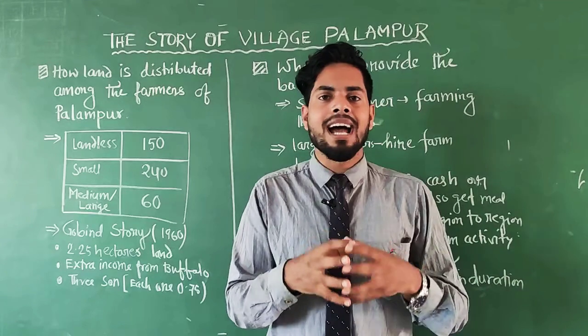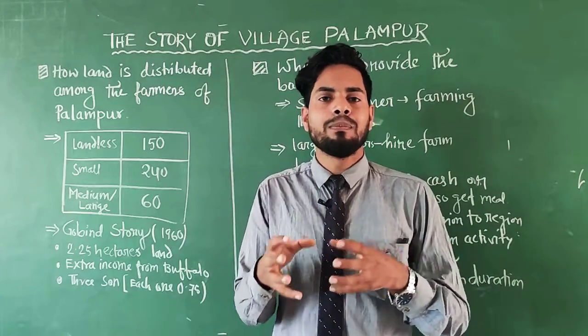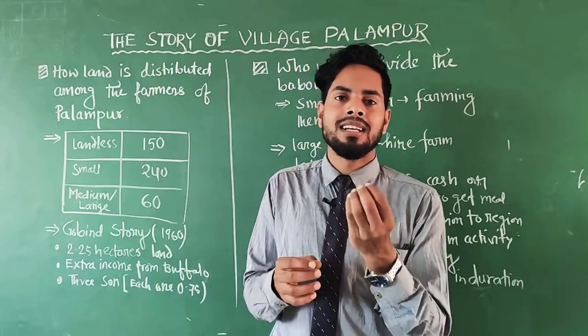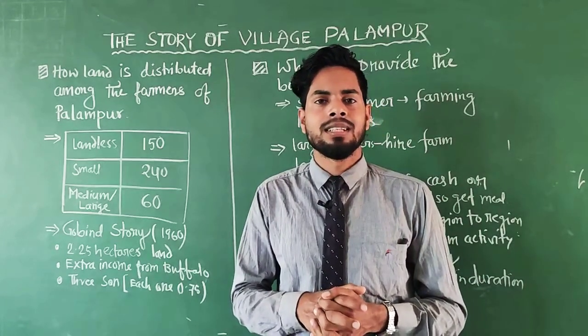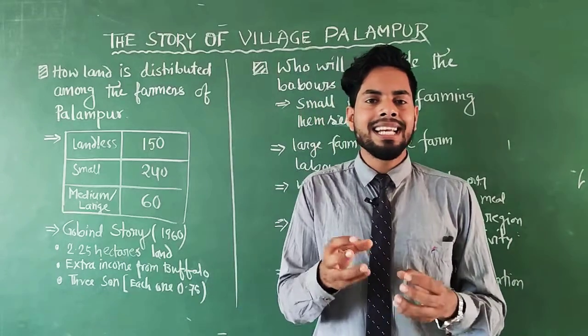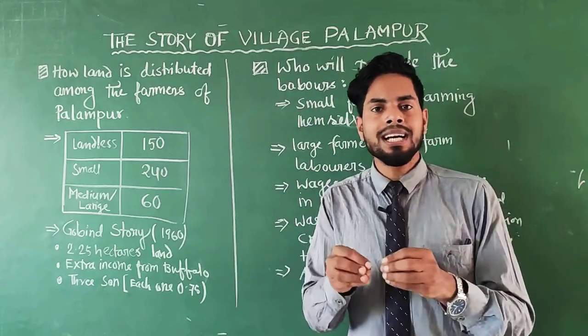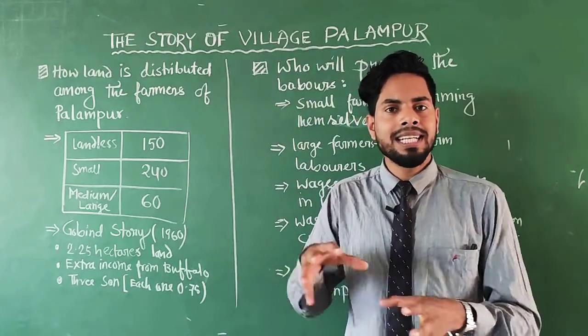So Dala and Ramkali get fewer days of work in a month. Their earning is reduced, so it is difficult to survive and maintain their families.